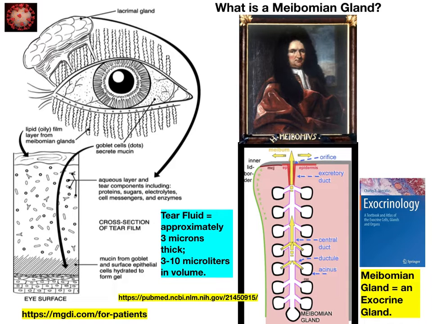This oily material is passed to the exit port of the gland. And recall that exocrine glands secrete fluids to the surface of an epithelium, in this case, the rim of the eyelid. And here, this oily material, known as meibum, combines with tear fluid and thus forms an oily film that reduces evaporation of the tear fluid on the surface of the eye.